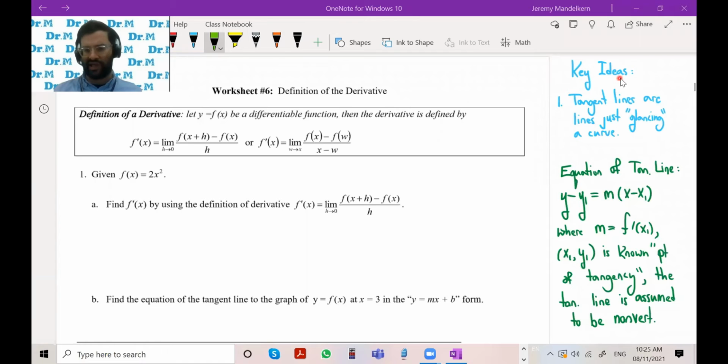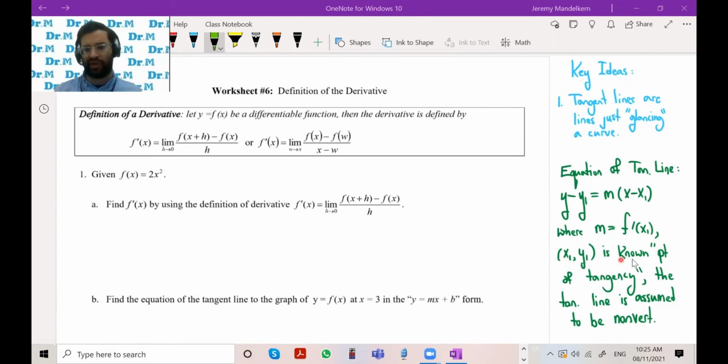Let's take a look at the key ideas for this worksheet. First, tangent lines are lines that are just glancing a curve. Moreover, an equation of a tangent line could be this point-slope form, where m, the slope of the line, is the derivative of the function at x1.